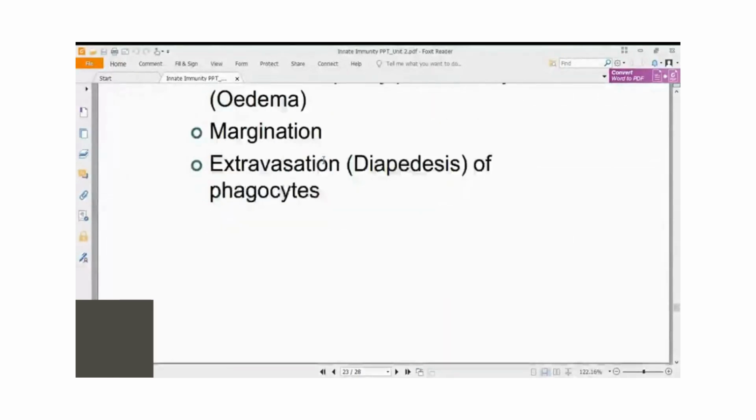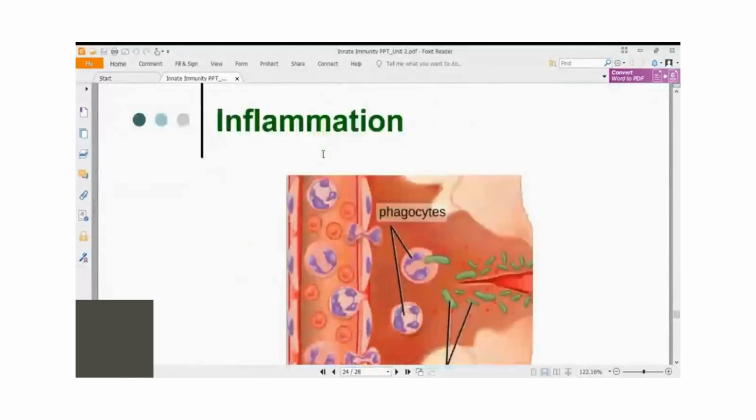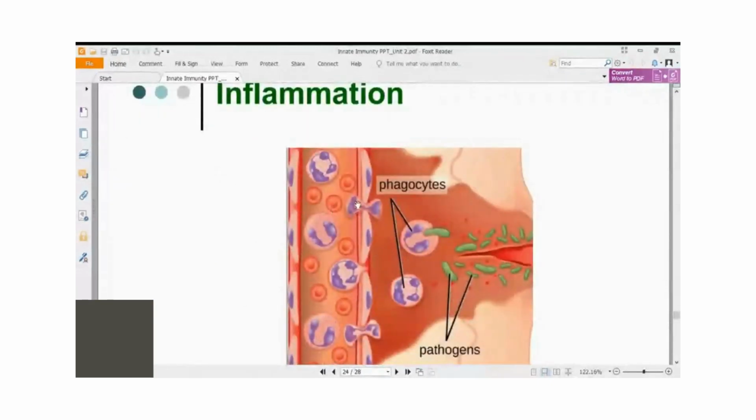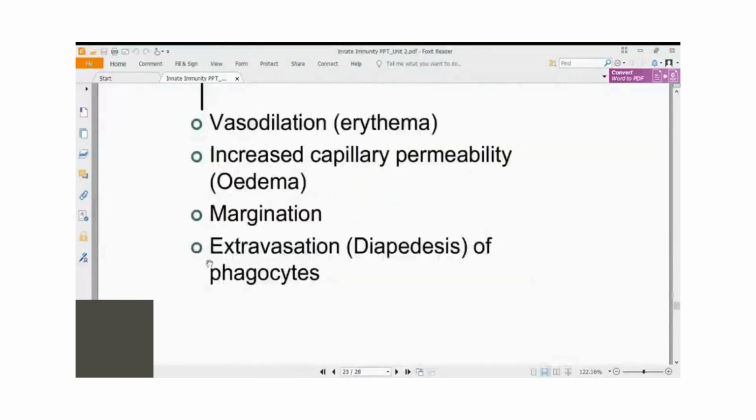Next, those neutrophils will squeeze out of those blood vessels, which is a special ability, squeeze out of the blood vessel into the area where the bacterial invasion has taken place. They will, in large numbers, start squeezing out. And that process of squeezing out, which is a special ability of the neutrophils and happens during inflammation, is called extravasation.